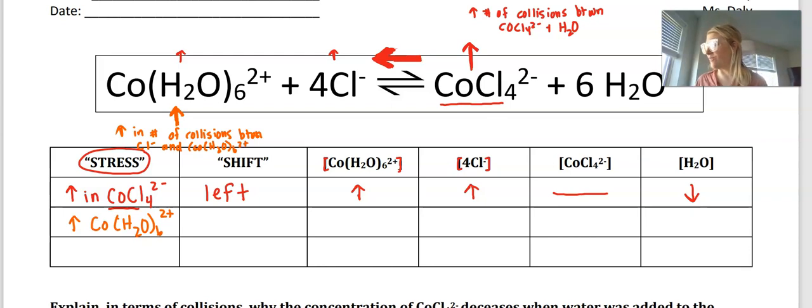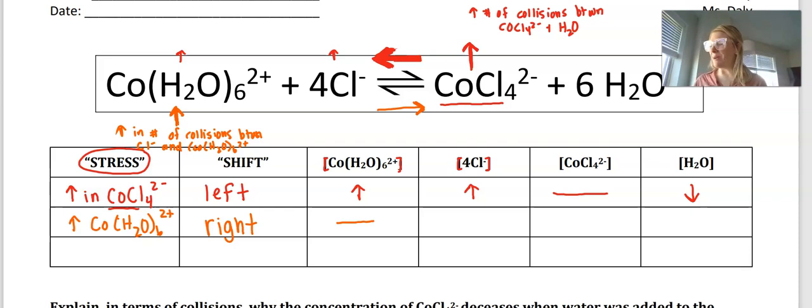Okay, and therefore the reaction is going to shift to produce more of these two products. So our reaction shift is to the right. We're talking about cobalt water 6 2+, so we're going to say that breaks even.